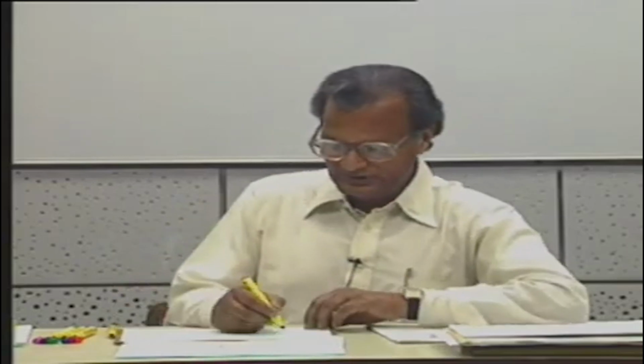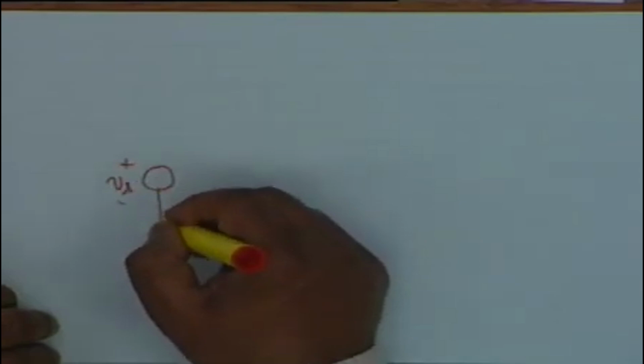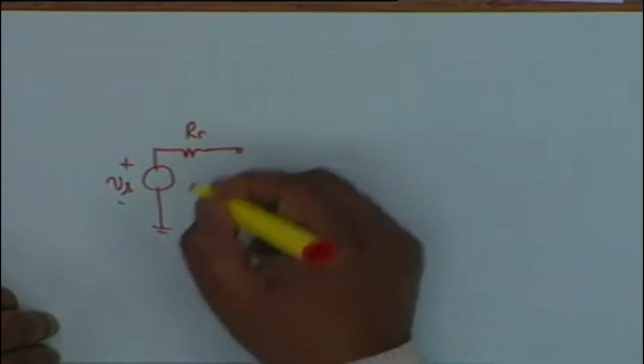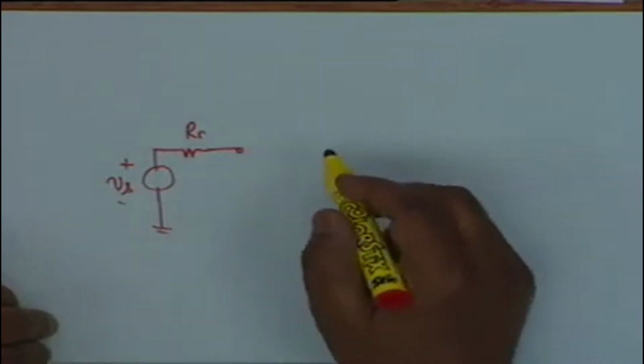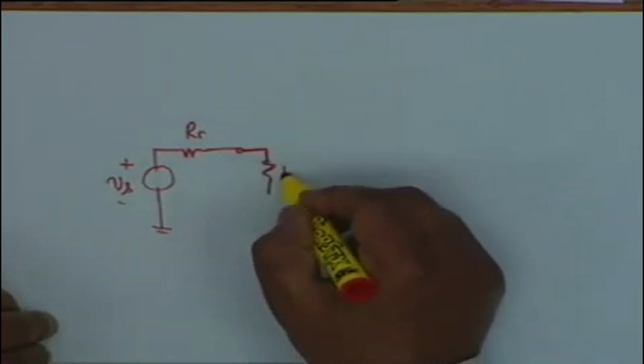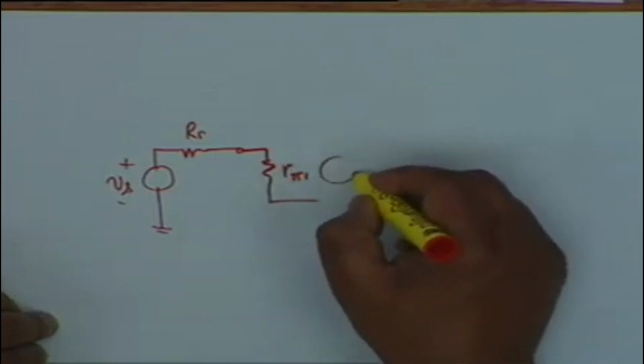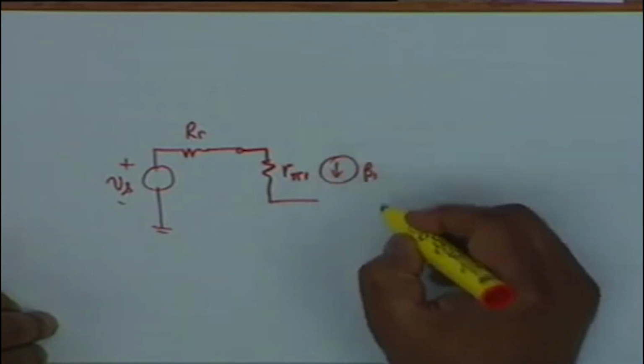If I draw the equivalent circuit, then I will leave the rest of the analysis to you. I have Vs in series with Rs, then for Q1 I have R pi 1, and I have beta 1.